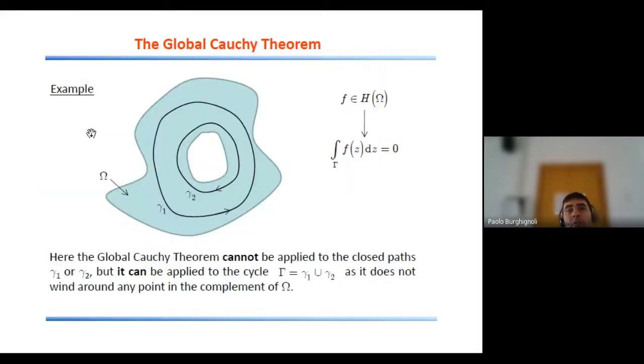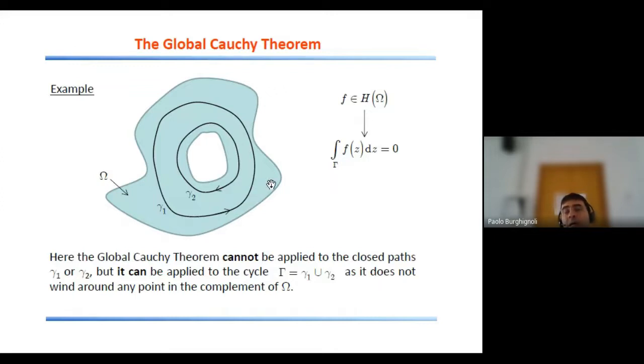Consider, for example, this picture in which you see omega is now the blue set, the light blue set, in which you see there is a hole. So if it were the cross-section of a waveguide, that would be a doubly connected section, okay? And consider the cycle, which is the union of these two closed curves, gamma 1, which is running in a counterclockwise direction, and gamma 2, which is instead oriented in the clockwise direction, okay?